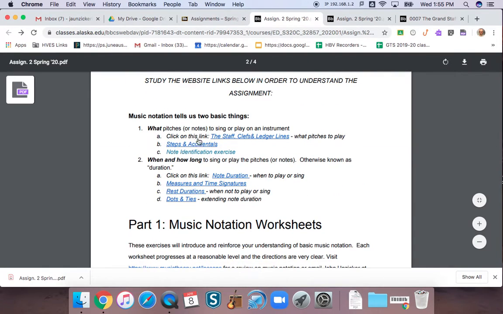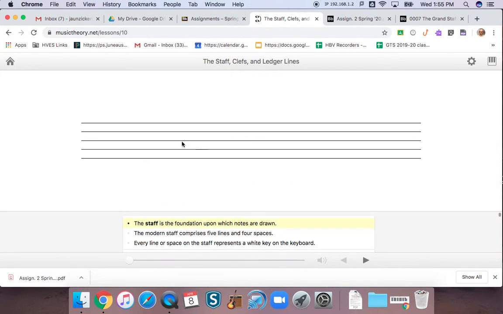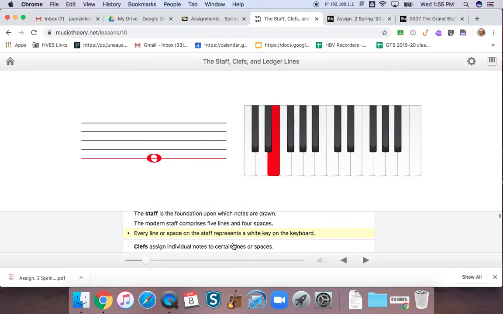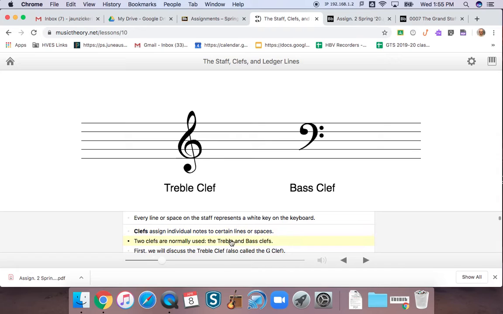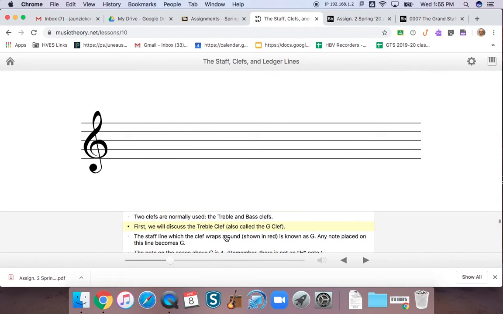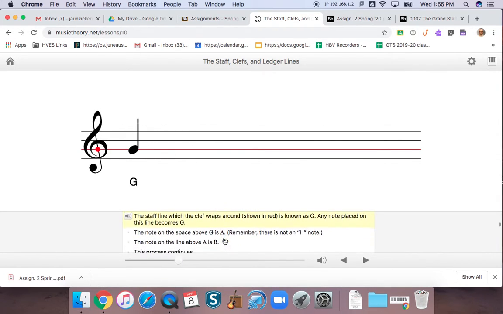So we just talked about what notation tells us as far as how to find the notes on the staff and the steps and accidentals. Now, if you're doing this note identification exercise and you have no other resource, go back to that first link and go back through this little description here, and then you'll start to find, oh, wait, there's my G clef, there's my G, and if that's G, here's A, and I can just keep counting up.